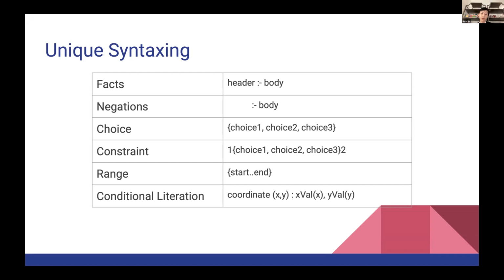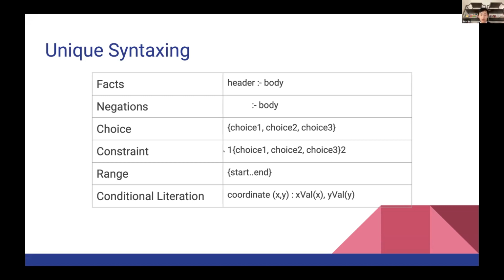Then we have a little less common ones, choices and constraints. These two also go together in the sense that you can define a collection of different choices, and each choice is called an atom. The program can choose a permutation of the choices it is given, and you can constrain the permutation that the program chooses from.